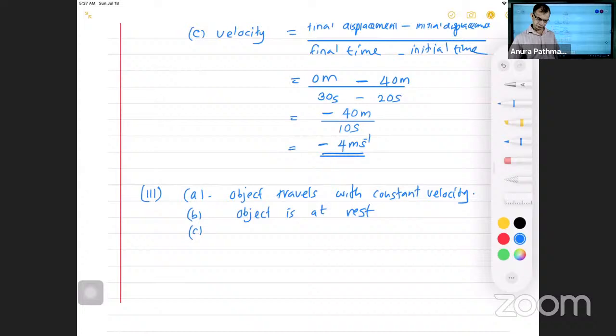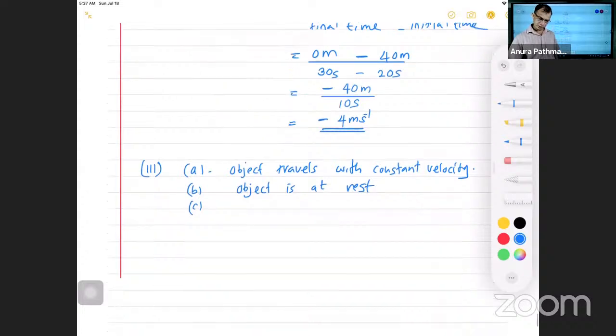C: the object travels in the particular direction with constant velocity. Object is at rest, the other one.